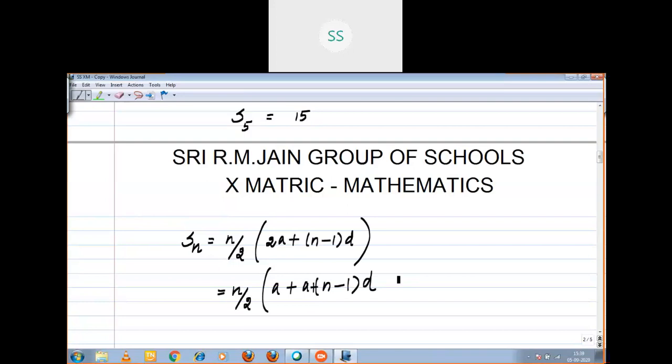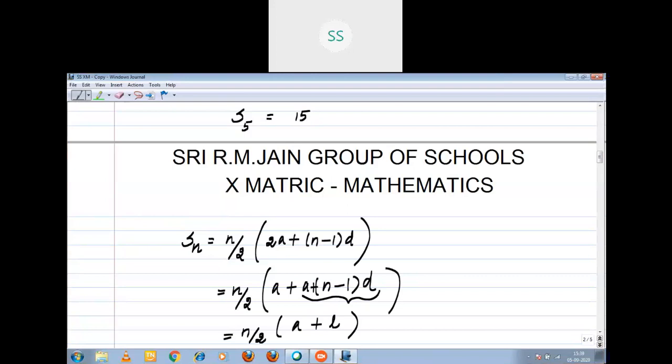Sorry children, now this should be replaced by l, last term of an AP. l is represented as last term of an AP. Right? Using this, we are going to find out the sum of the given series in exercise 2.6.